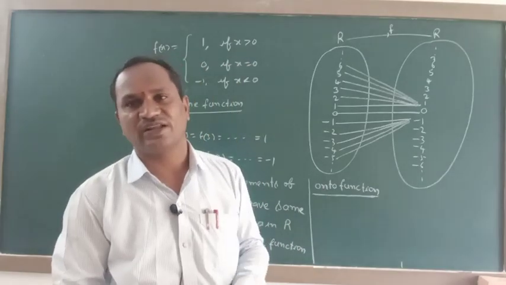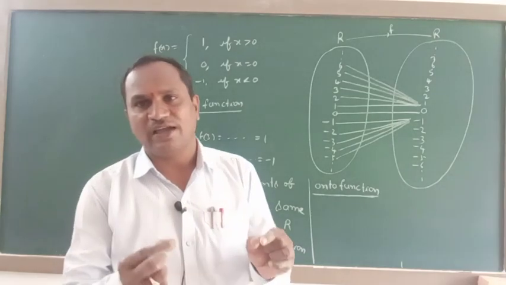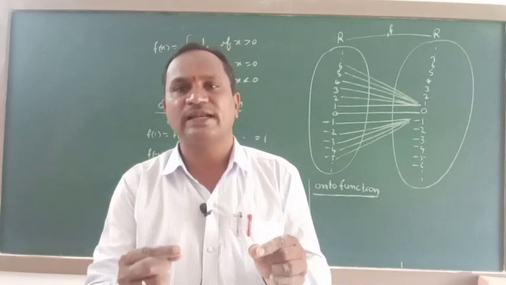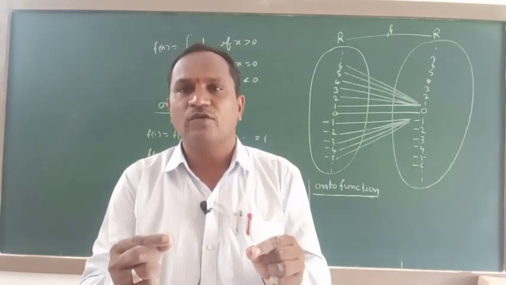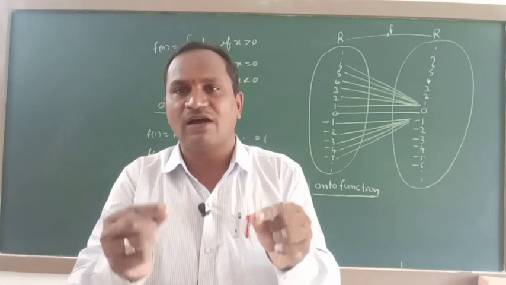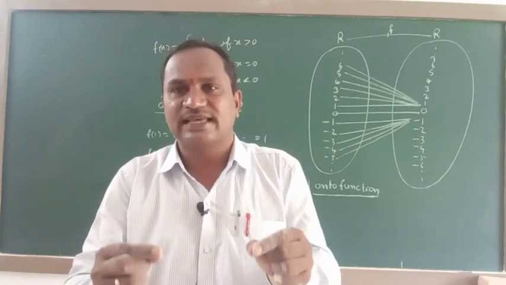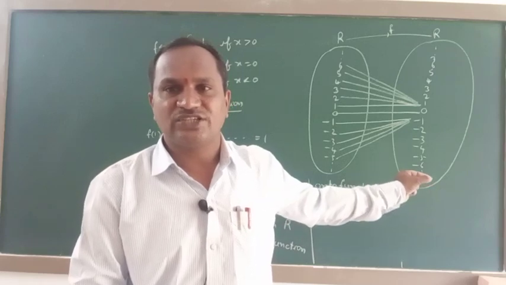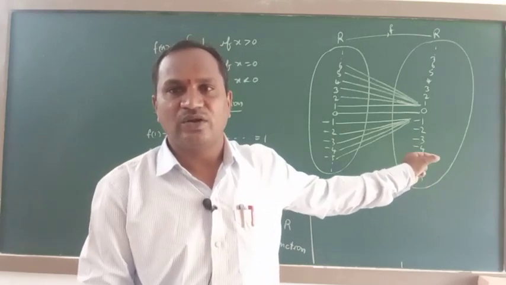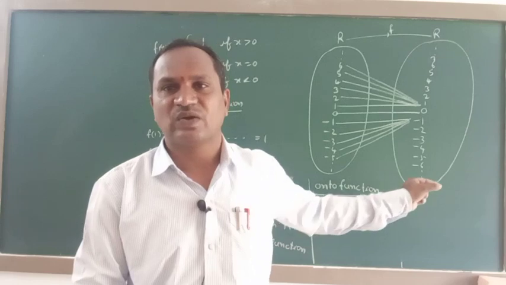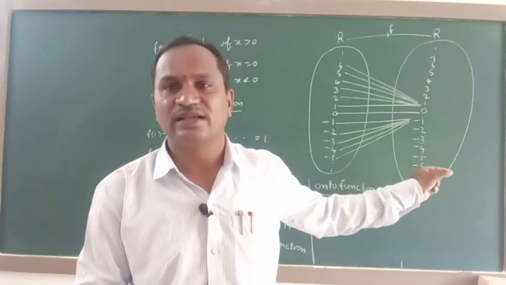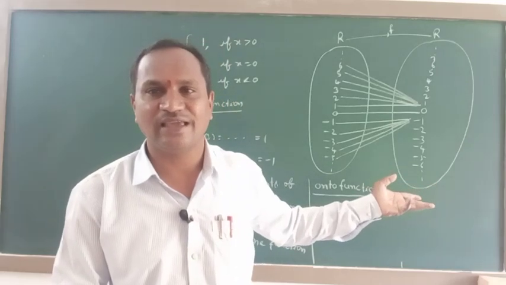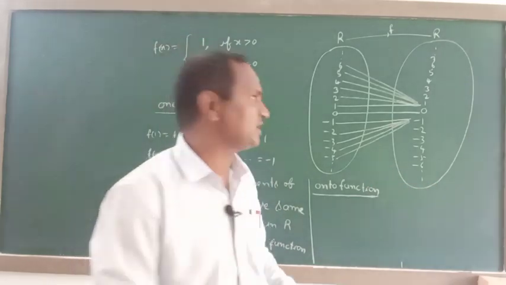Thus, f is not an onto function. Only if we see equality of codomain and range in a function, then we say that function f is an onto function, that is a surjective function. But here codomain is the set of all real numbers, range is minus 1, 0, 1.